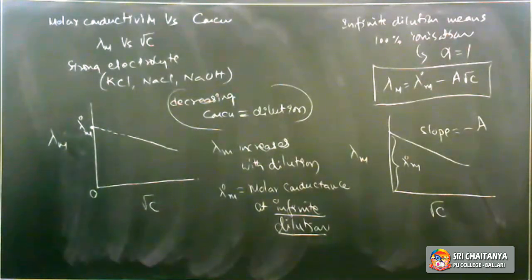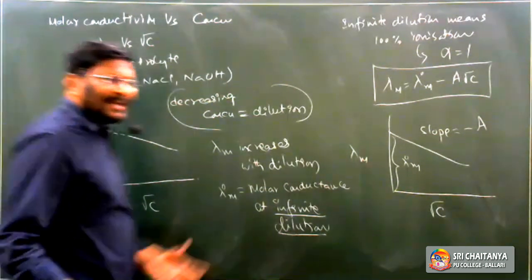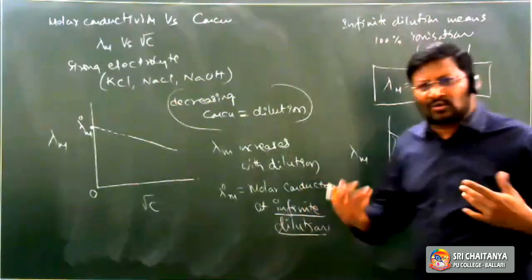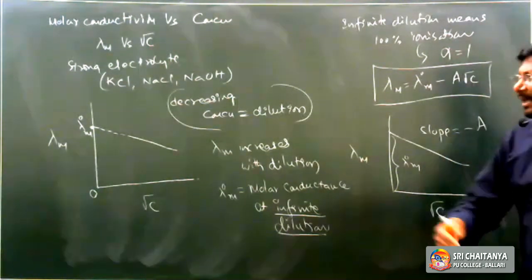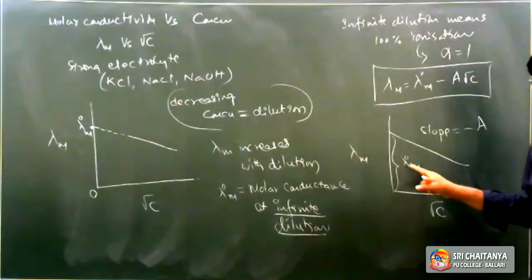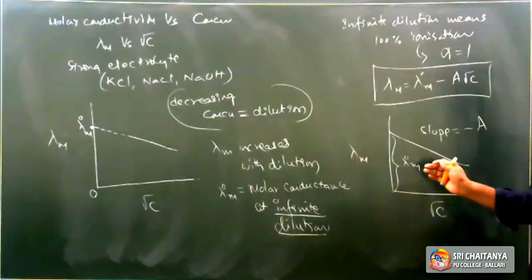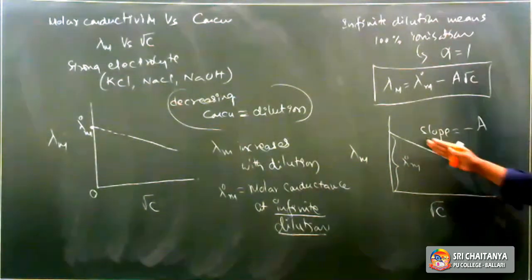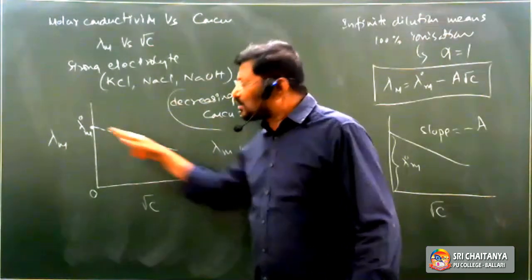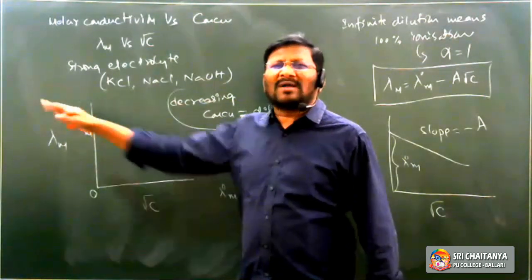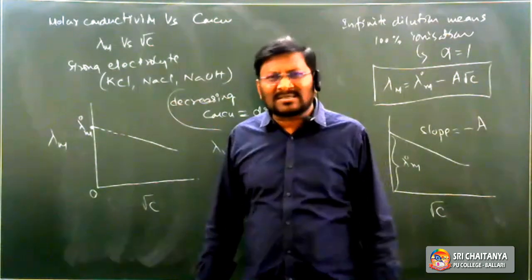So in case of strong electrolyte, how do you calculate lambda naught m? Very simple. You have to draw a graph and extrapolate. You will get a graph like this, just extrapolation towards the y-axis.